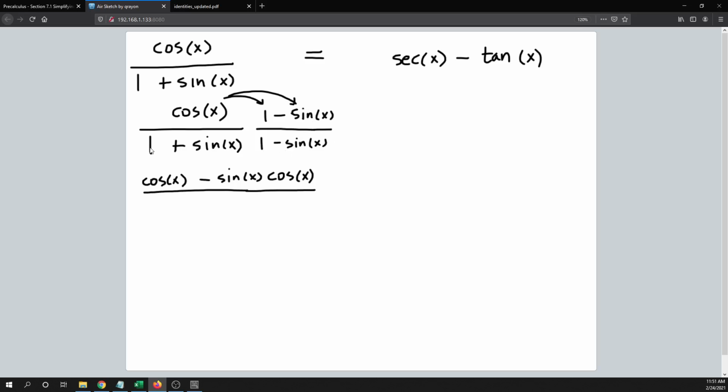On the bottom, I have two binomials, so two two-term expressions here, 1 plus sine x, 1 minus sine x. That has to be FOILed out. There are alternative methods, but I would do first times first. 1 times 1 is 1. Then outer, 1 times minus sine x is minus sine x.